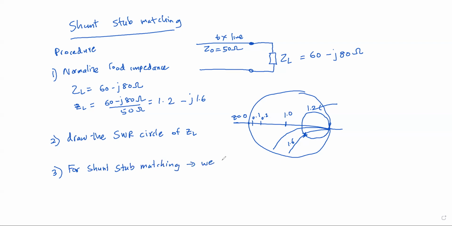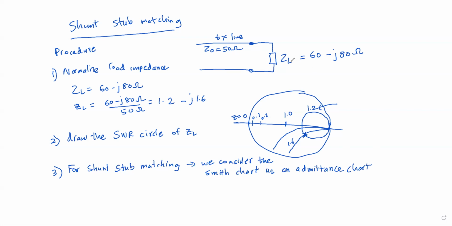So I will explain. We consider the Smith chart in its admittance form, as an admittance chart, right? So admittance means 1 over impedance, right?